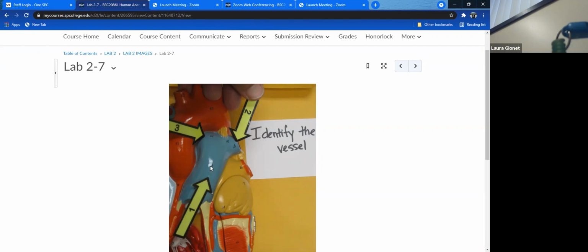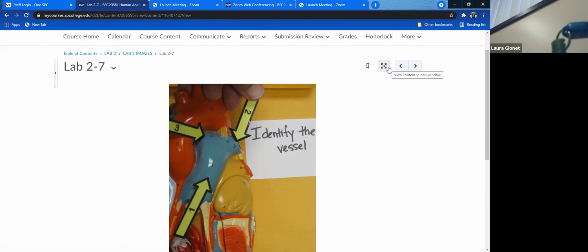Now, mind you, this is blue, but we have to call it a pulmonary artery because technically it's transporting blood away from the heart. So this is one of the exceptions to the idea that all arteries are red and veins are blue. This artery is still blue. So this is the pulmonary trunk, and it's going to branch off into a right pulmonary artery, which is 3, and a left pulmonary artery, which is 2.